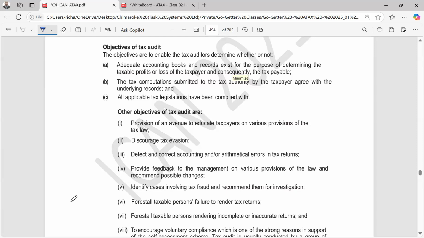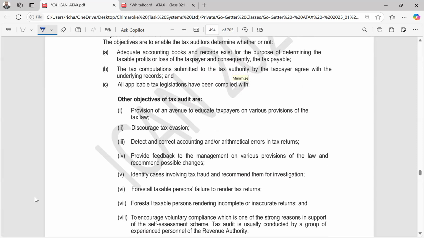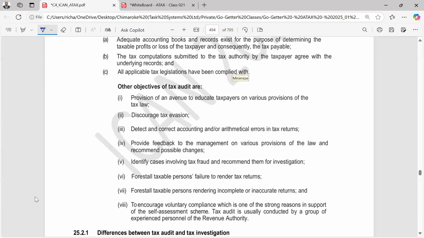It will prevent the taxpayer from rendering incomplete or inaccurate returns, and it will encourage voluntary compliance, which is another objective of tax audit.